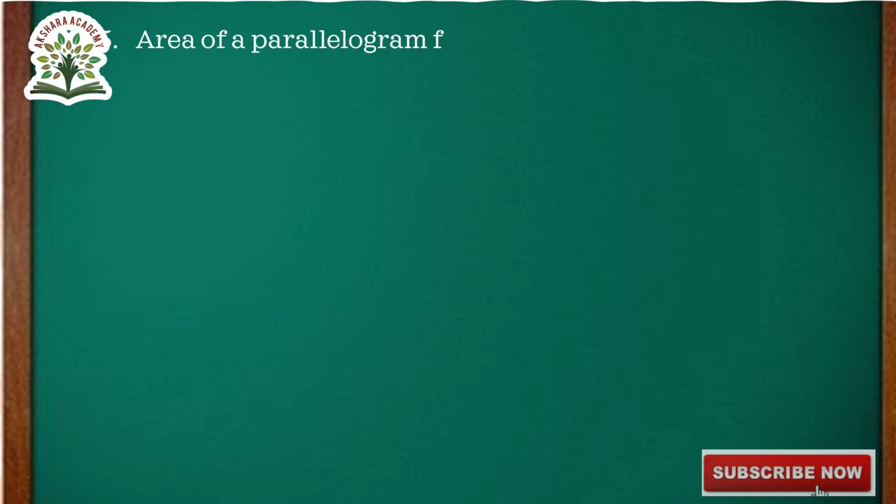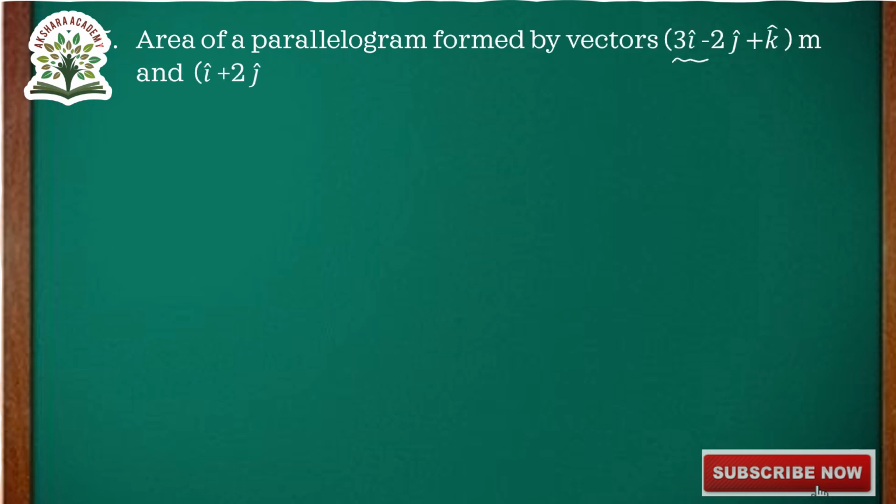Area of the parallelogram formed by vectors 3i cap minus 2j cap plus k cap meter and i cap plus 2j cap plus 3k cap meter is. So here we have to find out the area of the parallelogram formed by these two vectors. So now let us go to the solution.